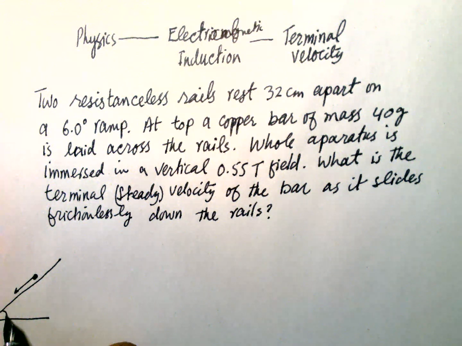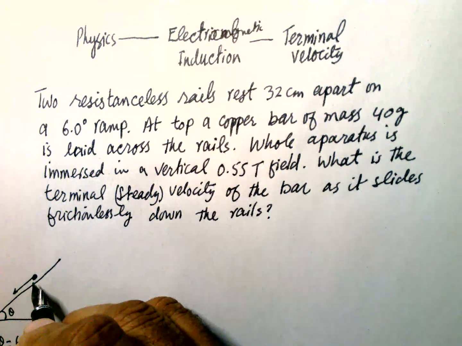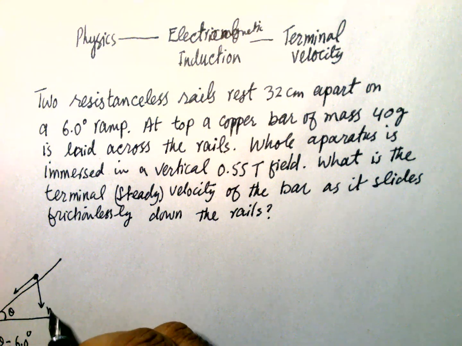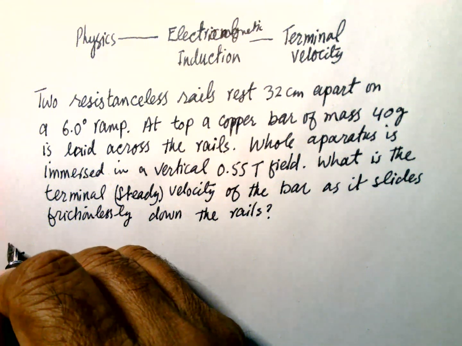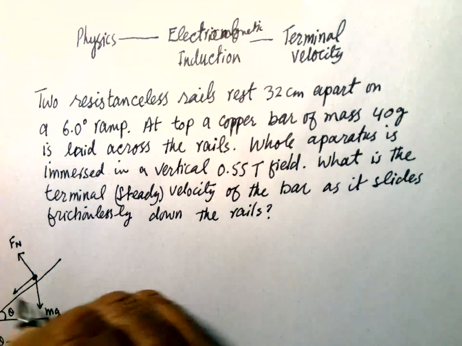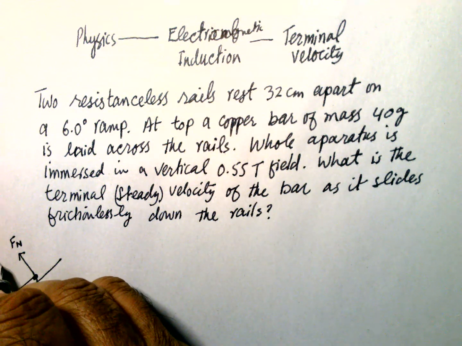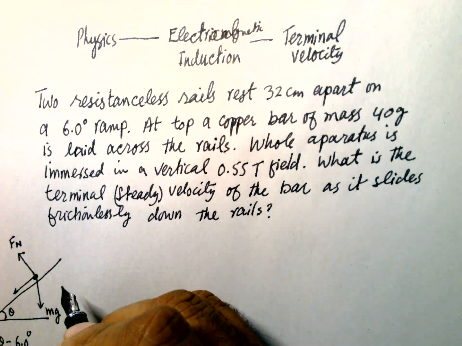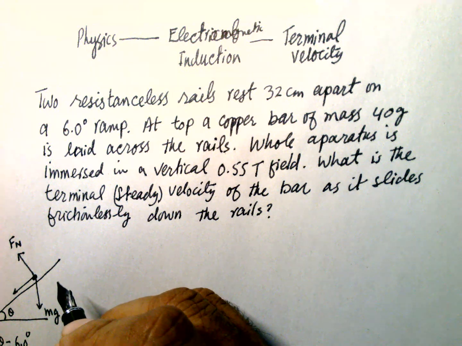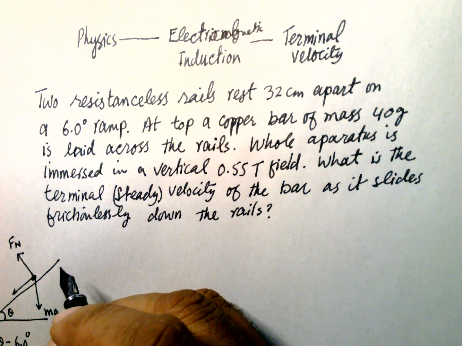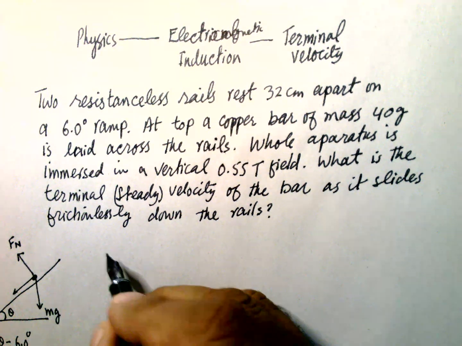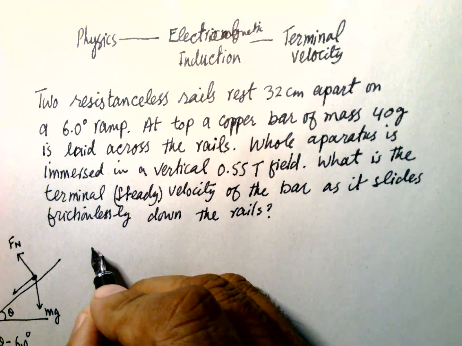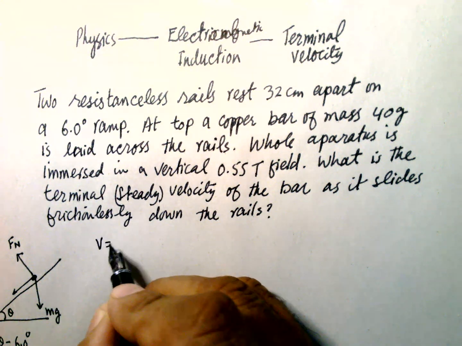The angle is theta, which is equal to 6.0 degrees, and this is mg, and this is the normal force Fn, and this is the magnetic field B. We have to find the terminal velocity.